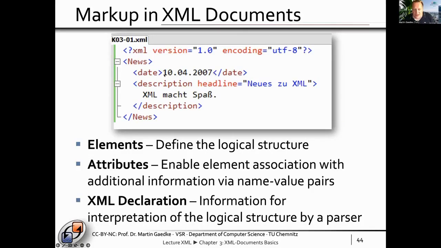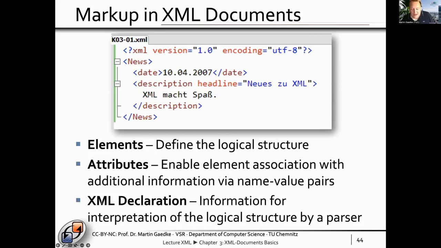And in between, you see there's some content. You see here in the description element, there is also an attribute called headline, and as you can see, this is well formed because it's written according to the rules of the XML specification.